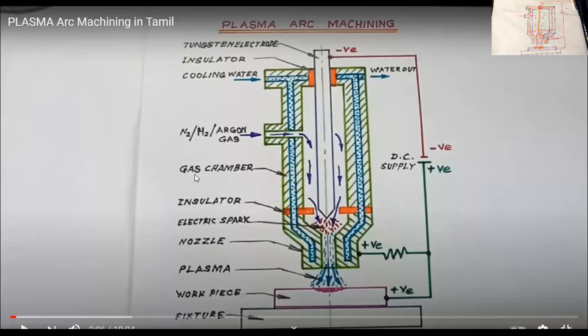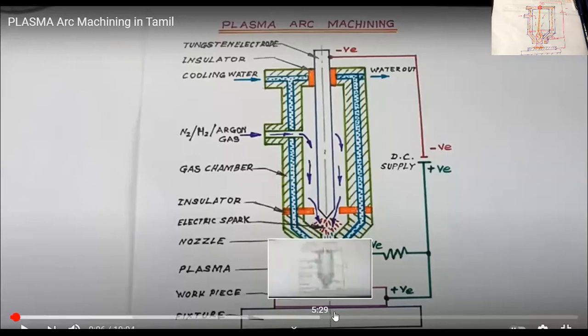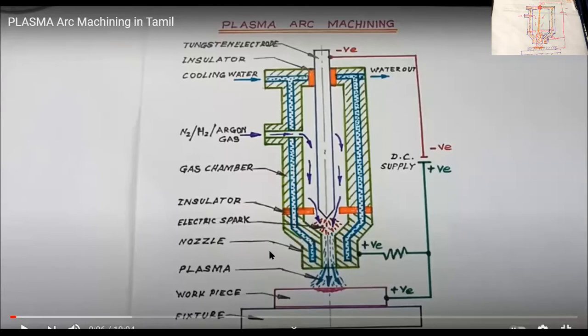What is the function of that also? I'll explain. Then this portion is the insulating portion, or this is an insulator, and here we are going to have some spark. Then we will have the formation of plasma this way, and this is the nozzle, which I have already said, and this is the workpiece, and this is the fixture, or the work table, you can say.